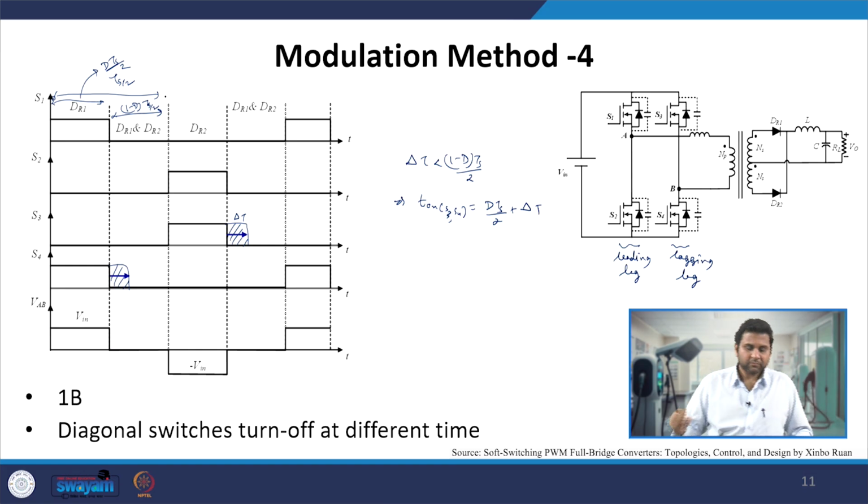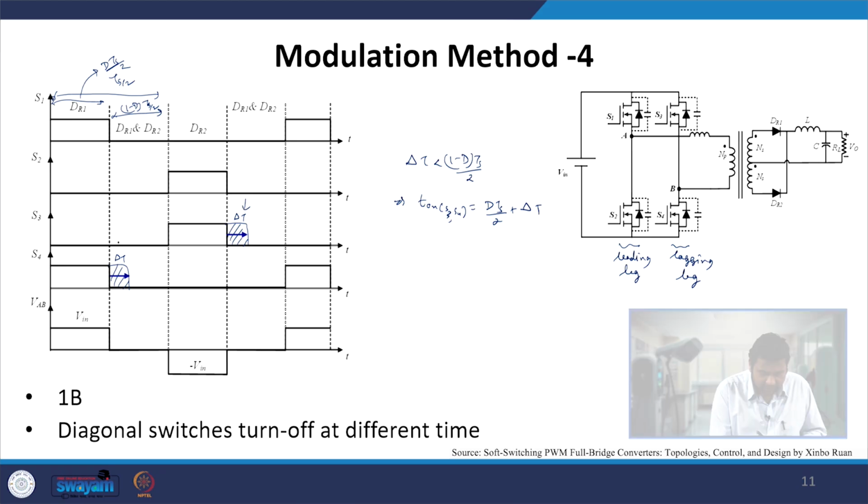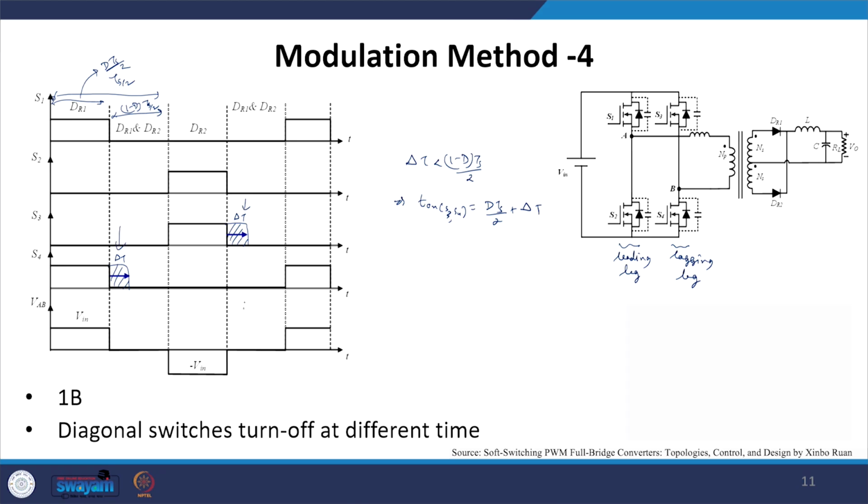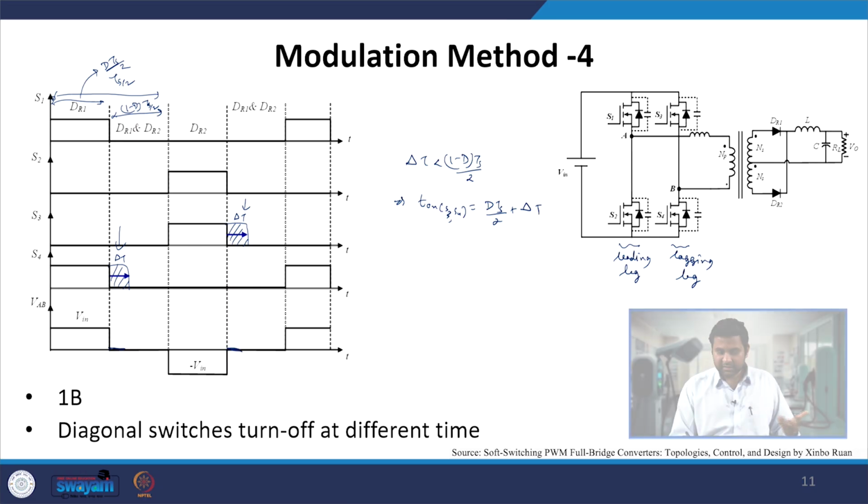Now if you look very carefully, during the delta t period, all the other switches are still off, so the VAB voltage is still 0, and that means the voltage applied on the primary winding does not change.